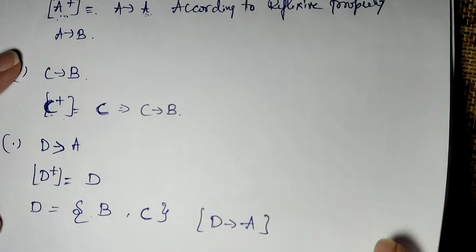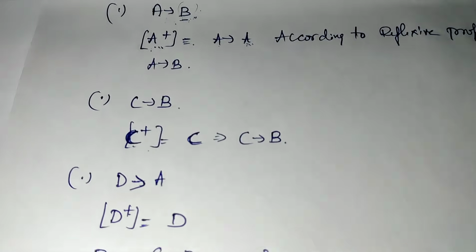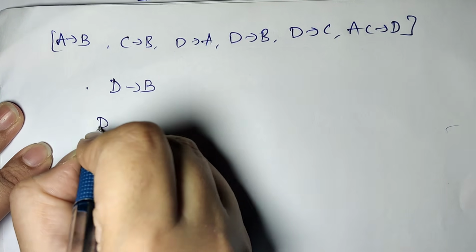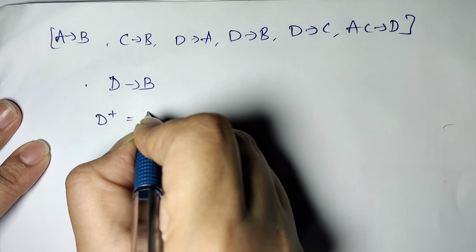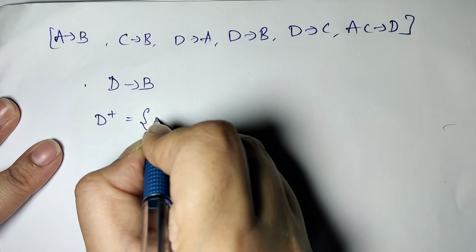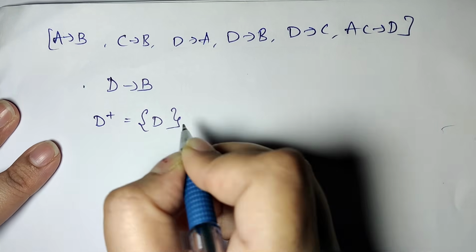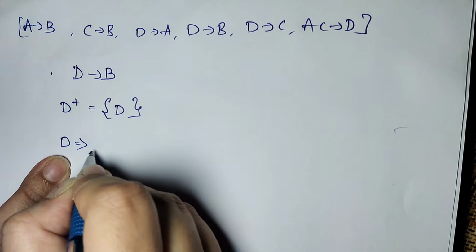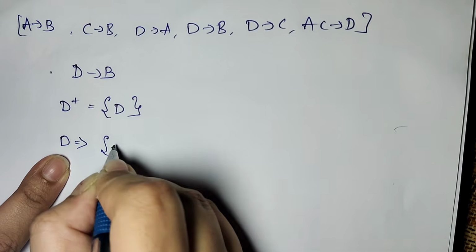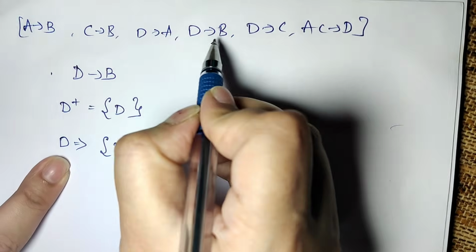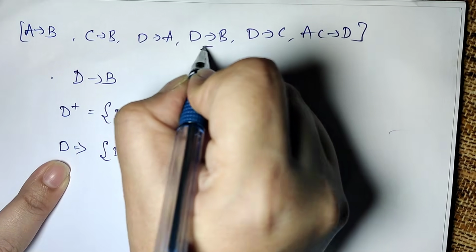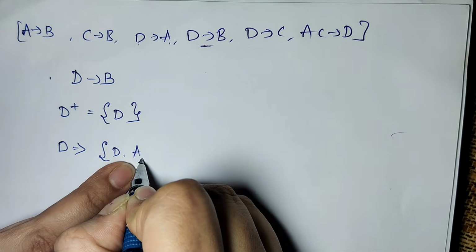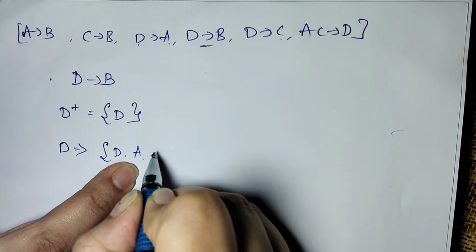Okay, so next is, if you want to remove this D tends to B, then according to the closure property, D will determine D itself. Next, from D we can get A also, as well as we can get C also.